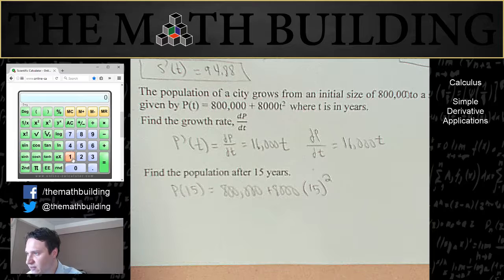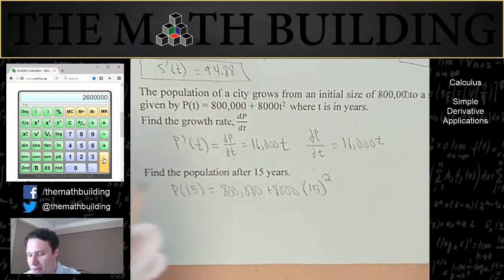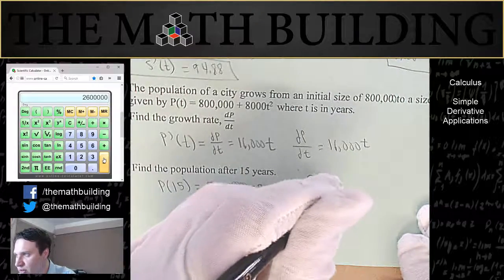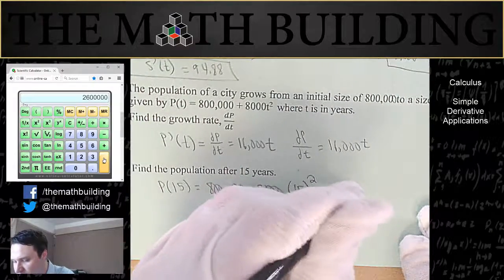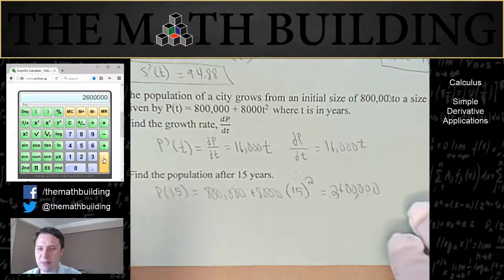This would be 15 times 15 times 8,000 plus 800,000. So the population after 15 years would equal 2, 6, and then 5 zeros. So after 15 years, the population will have grown from 800,000 to 2.6 million people.